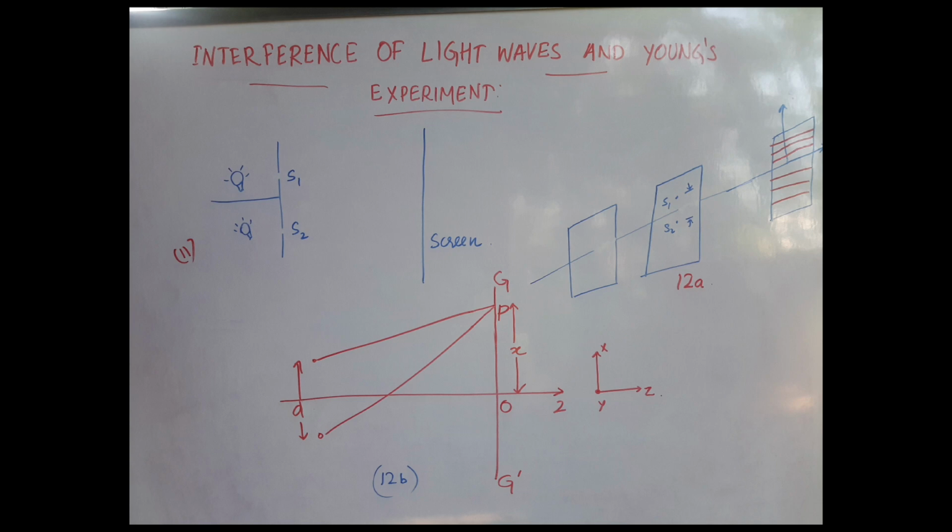We assume that it is at a distance x from the perpendicular bisector, touching the point O on the screen. So O to P is distance x, and the screen can be named G dash, and this can be taken as the x and z axis of the screen.